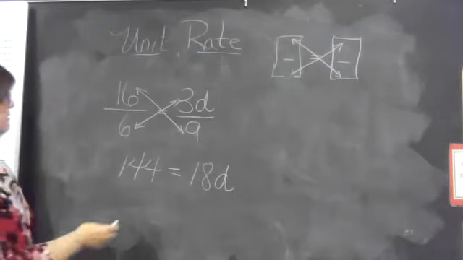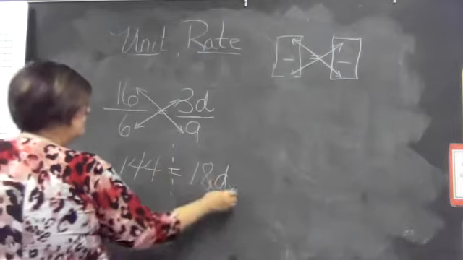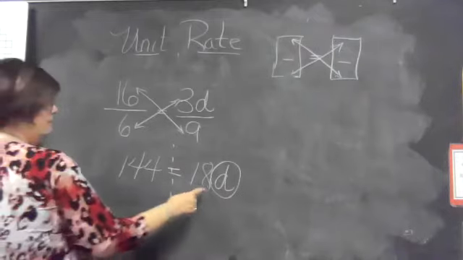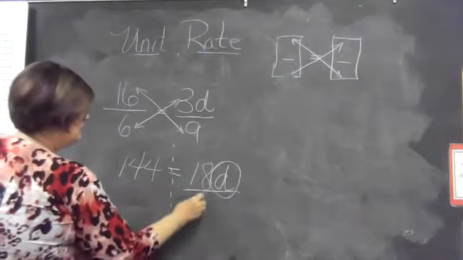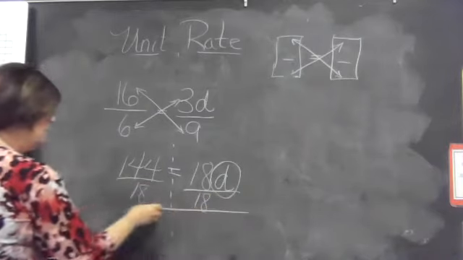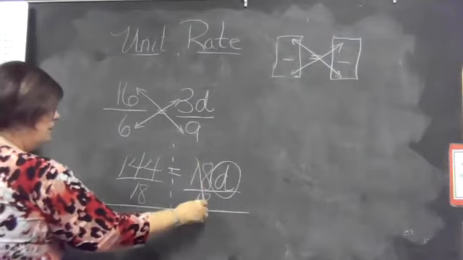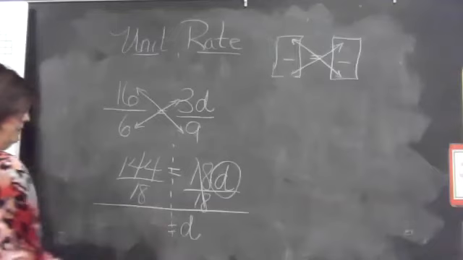We're okay there. And again, this is why I taught you how to solve equations. We want the D by itself. So what do I have to do? Divide by 18. We divide by what we want to get rid of, which is 18. 18 divided by itself gives you 1. 1D is what we have left on this side.